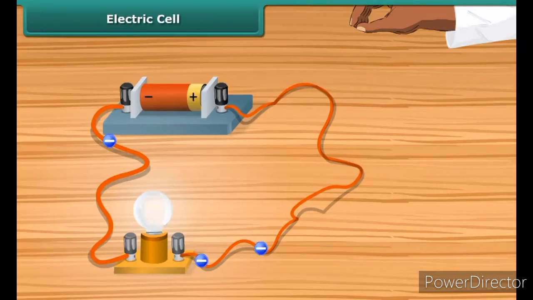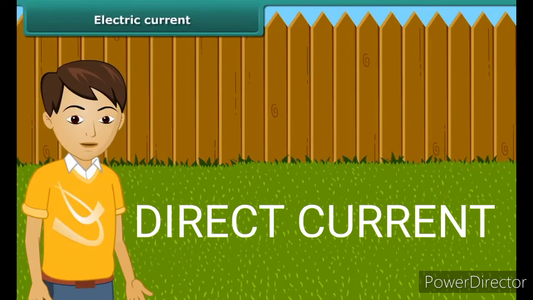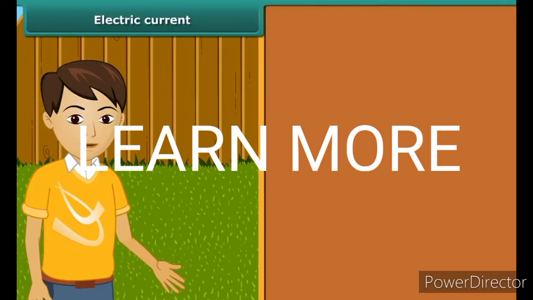So when current flows in one direction from a negative terminal through the positive terminal, it is called a direct current. But if the current flows to and fro, forward and backward continuously, it is called an alternating current. I want you to watch this video and learn more about alternating current and direct current.